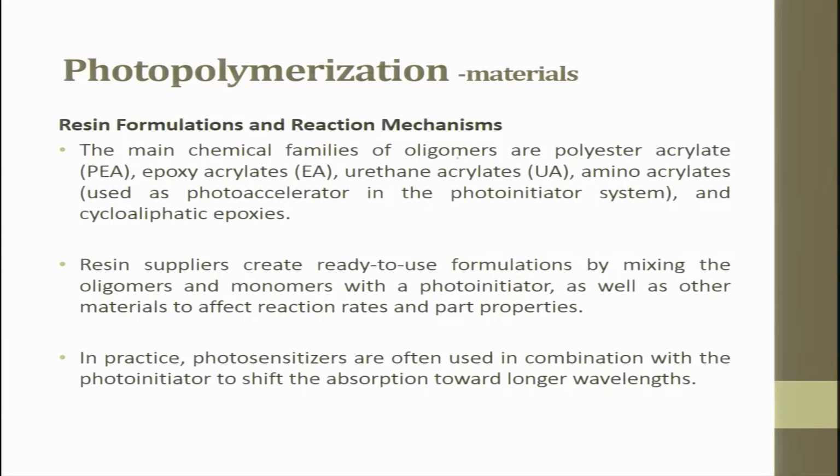The main chemical families of oligomer are polyester acrylate PEA, epoxy acrylate EA, urethane acrylates UA, and amino acrylates used as photoaccelerators in the photoinitiator systems, and cycloaliphatic epoxies. Resin suppliers create ready to use formulations by mixing the oligomers and monomers with the photoinitiators as well as other materials to affect reaction rate and part properties. In practice, photosensitizers are often used in combination with the photoinitiator to shift the absorption towards the longer wavelength.